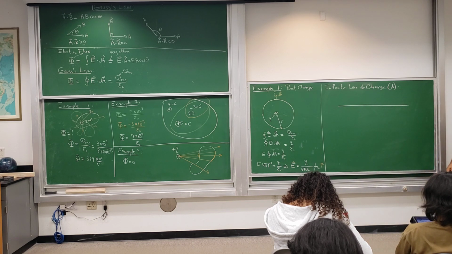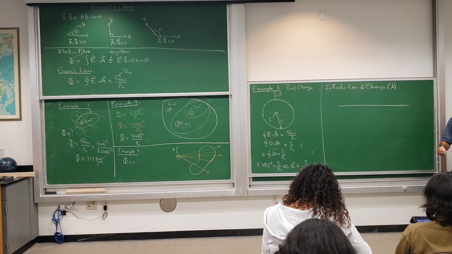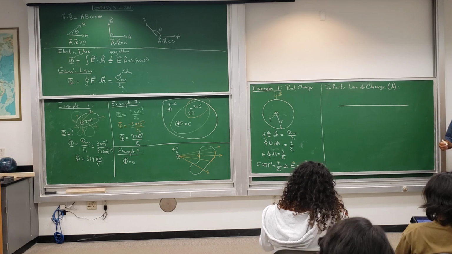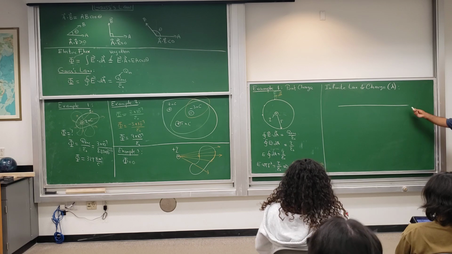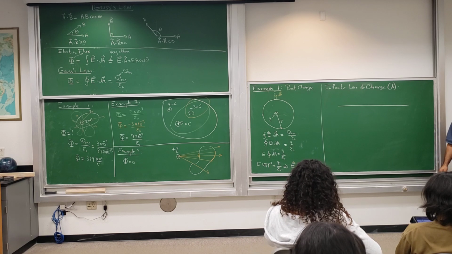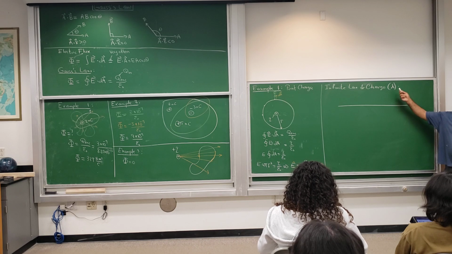That's the line of charge. So this is the physical object, the actual object, because the charge is here. And as usual, I just assume it's positive. If it's negative, the only thing that changes is you put a minus sign in front of your electric field at the end. That's lambda. Remember what lambda was? It's the charge per unit of length.